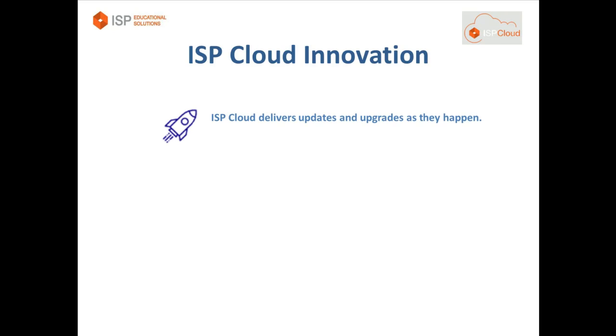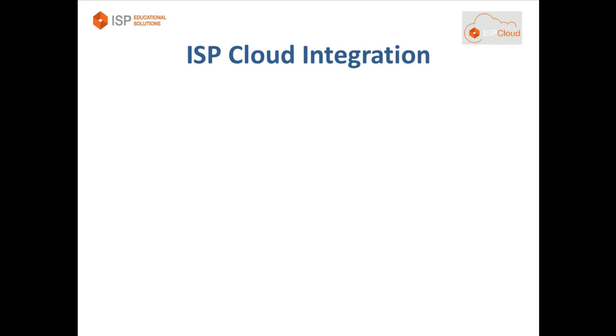Now we do have some innovations that we're quite proud of. One of them is that ISP Cloud delivers updates to the software and upgrades as they happen. There is no need to have downloads or in fact to have involvement of the IT department when it's time to do upgrades. We also have thorough integration with other web-enabled services. For example, you may want to see a map showing you where a homestay family is located in relation to a school or to the catchment.